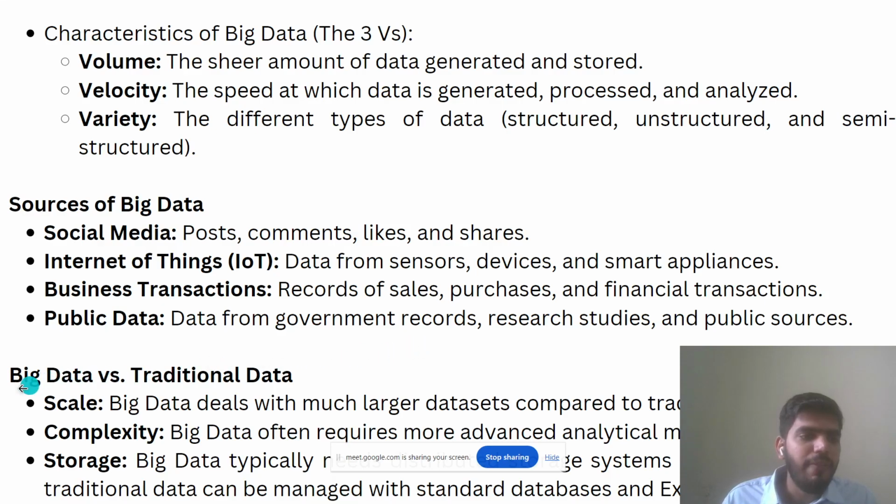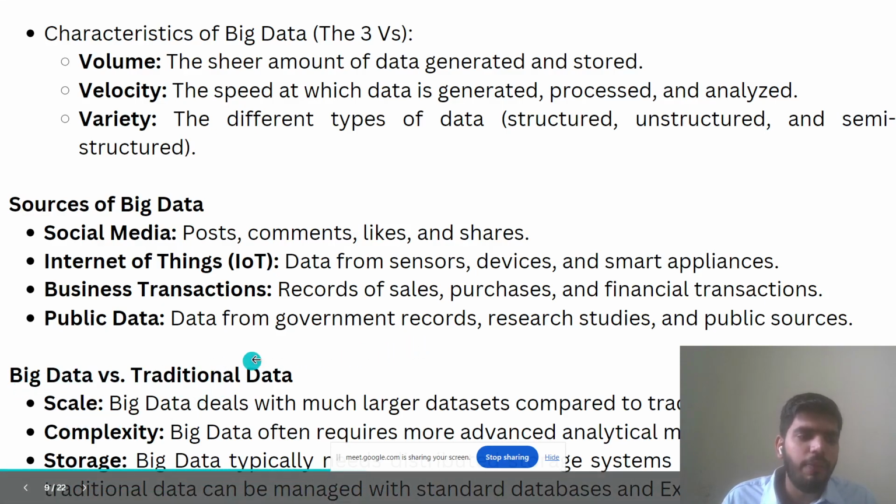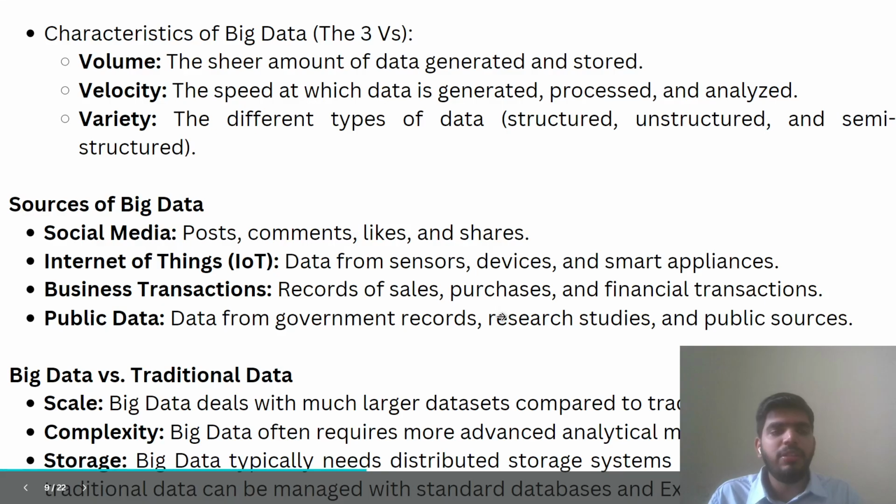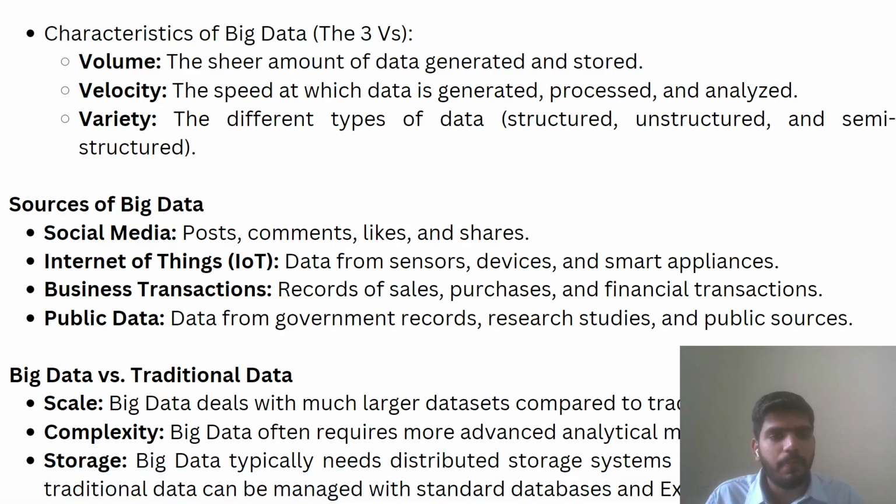Then we have big data versus traditional data. Scale: obviously, big data is much bigger. Complexity: it is more complex. And storage: big data typically needs a distributed storage system like Hadoop, whereas traditional data can be managed with standard databases and Excel. So in Excel, we manage only traditional data.